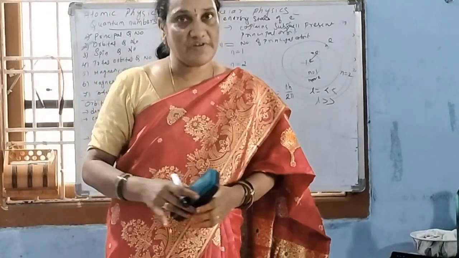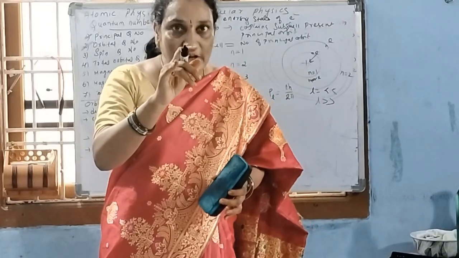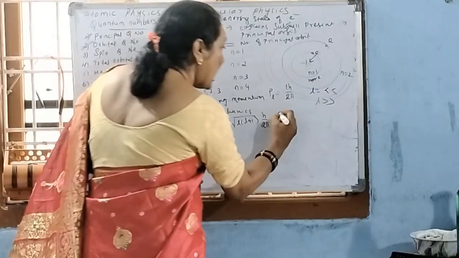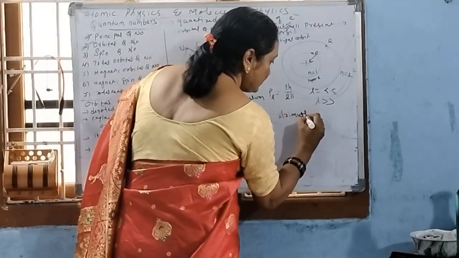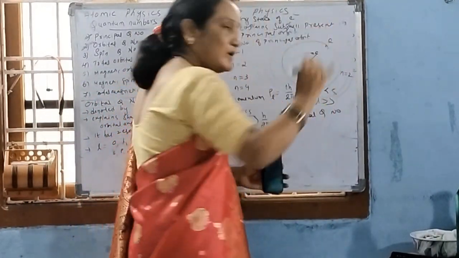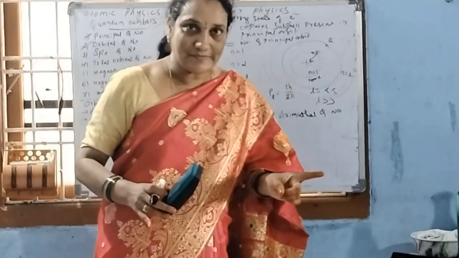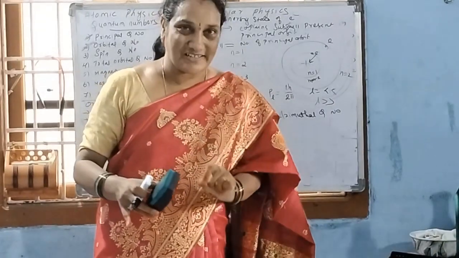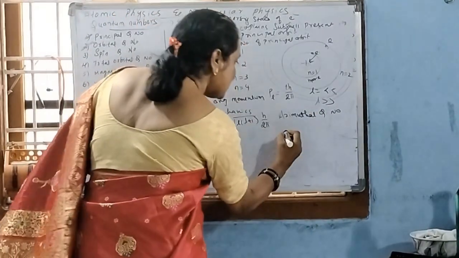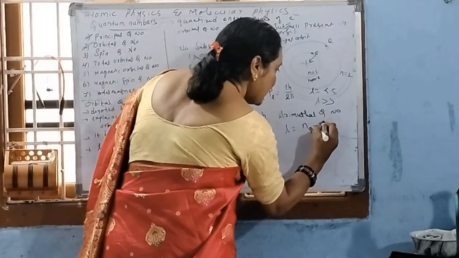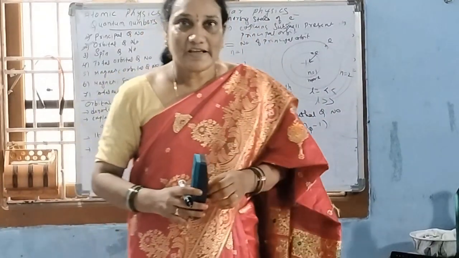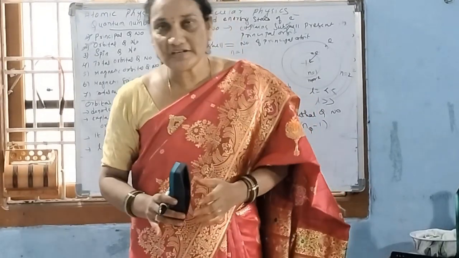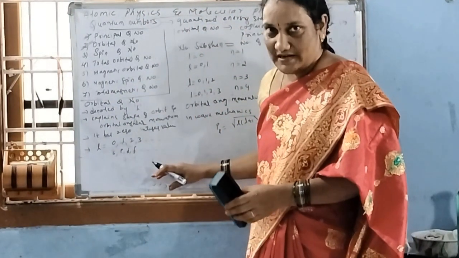As per Sommerfeld theory, this orbital quantum number is equivalent to Sommerfeld's azimuthal quantum number, and it is written as L equal to n_phi minus 1, where n_phi is the azimuthal quantum number.